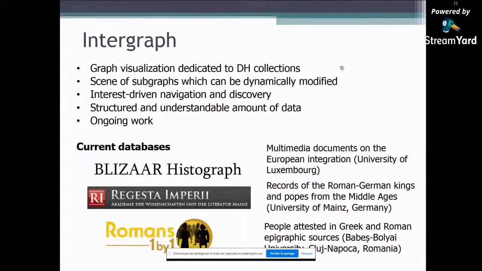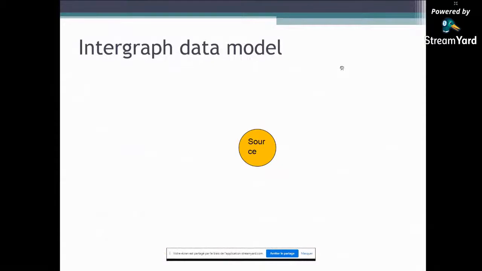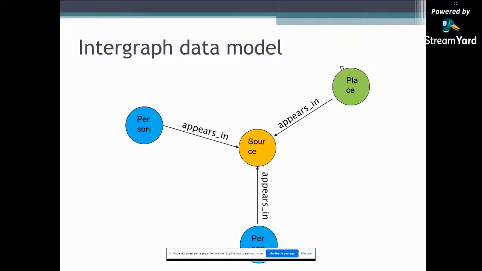So more concretely, to give you a better understanding of the data model Intergraph is working with, just imagine that you have a source, a document, and in this source there are entities appearing. Most of the time you think of persons which appear in the document, but it could be a place or another entity.